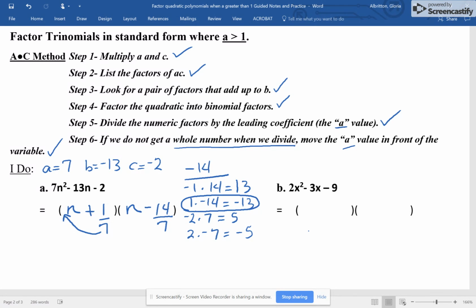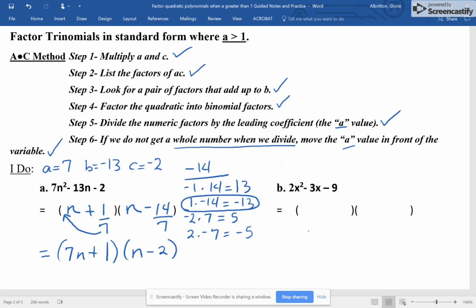Now, n minus 14, if we divide negative 14 by 7, we do get a whole number. So in this case, the final answer will be 7n plus 1 times n minus 2, because 14 divided by 7 is 2, and that's our final answer.